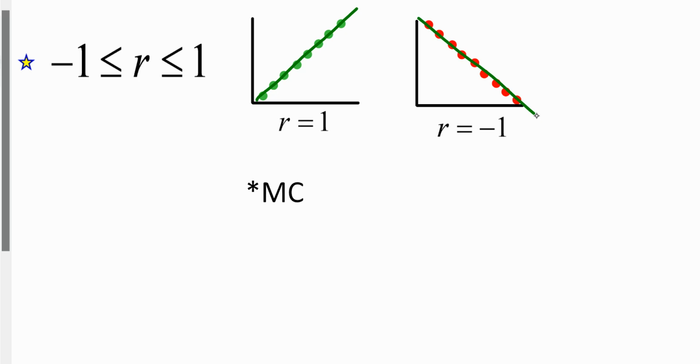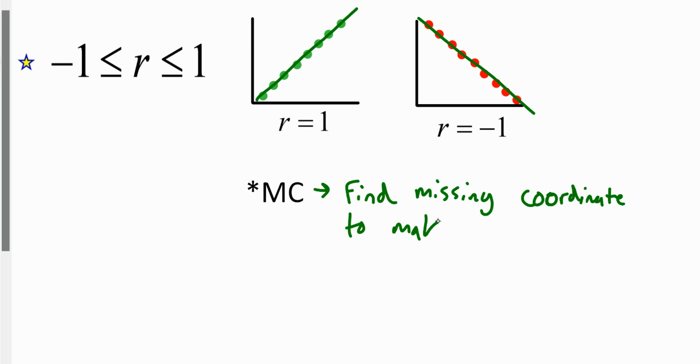One note that I've seen on multiple choice questions on the AP exam could be saying find the missing coordinate. It could be x or y or both, to make r equal to 1 or -1.